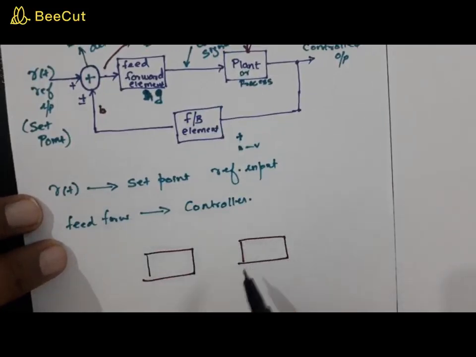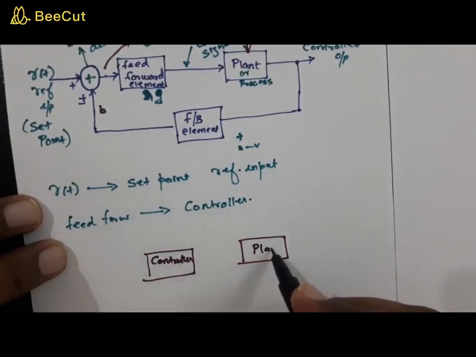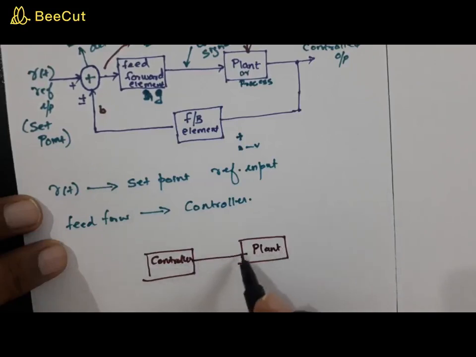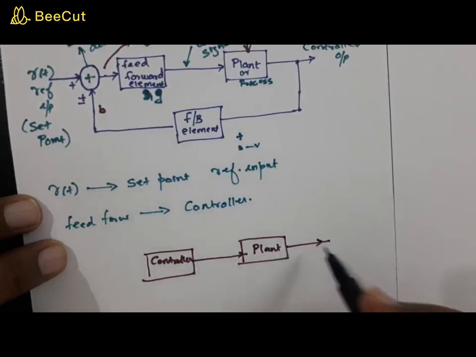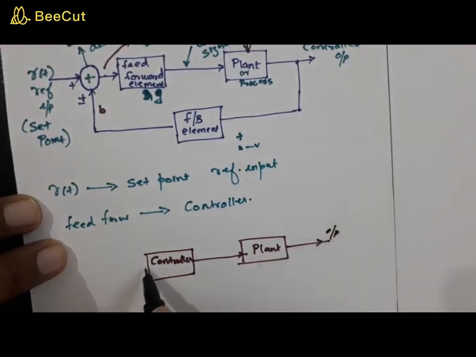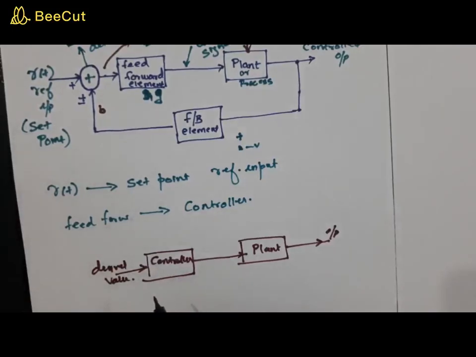One is, let us call it the controller. This is the plant, and using the plant, the output. Here is the desired value, the reference input, the controller, and the controller giving to the plant.